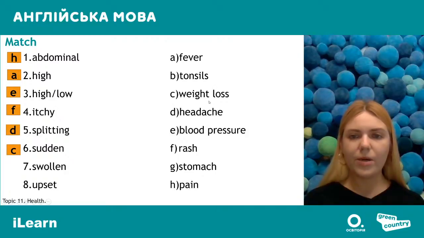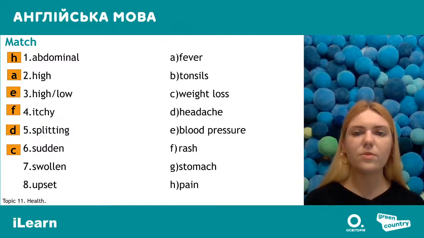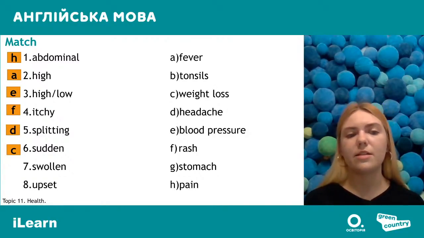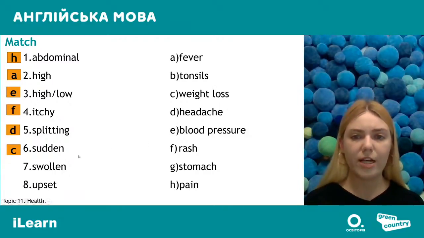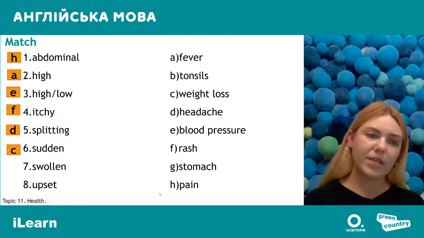Weight. So weight with letter T, it means it's a noun. It means вага, втрата ваги. But if you have no T in the end, if you just say weigh, it will be a verb. Буде дієслово тоді без букви T в кінці зважувати. Дуже уважно. Sudden, тобто раптова втрата ваги. Also we can say sudden pain. Yeah, but we have used pain for another phrase.